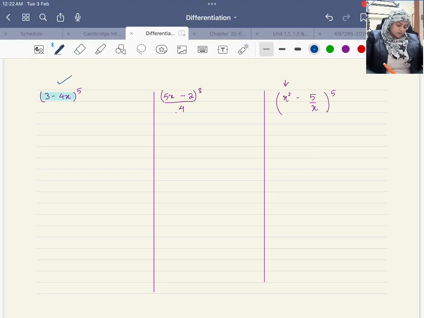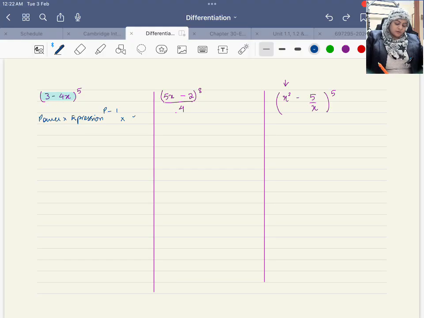Like this one, 3 minus 4x whole to the power 5. How do we differentiate it? We differentiate it in this way. We write power into expression power minus 1 into differential of the expression inside.